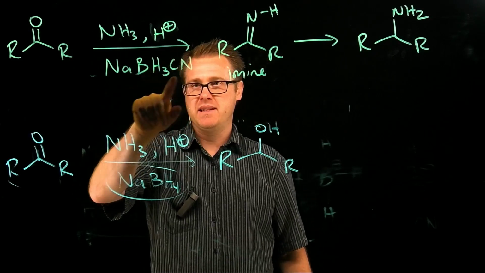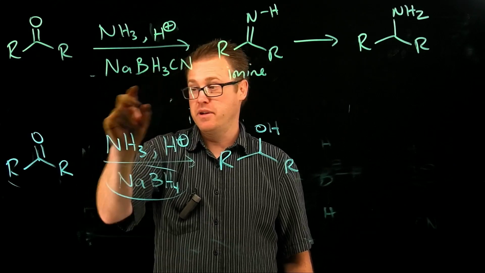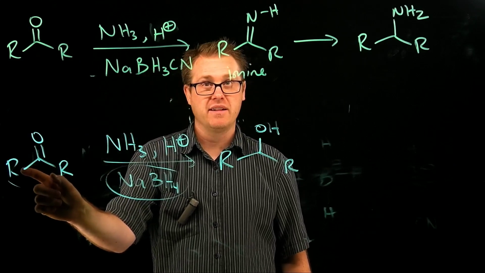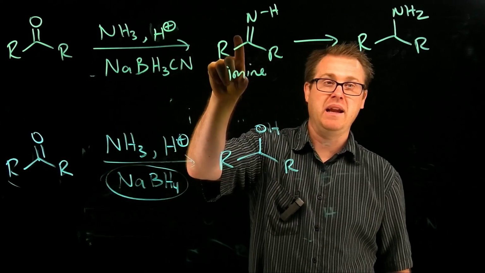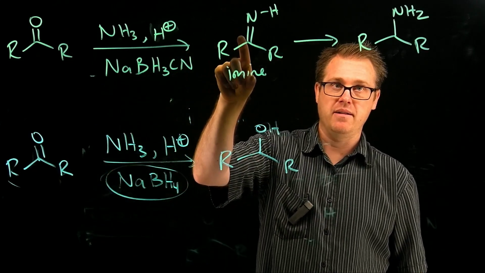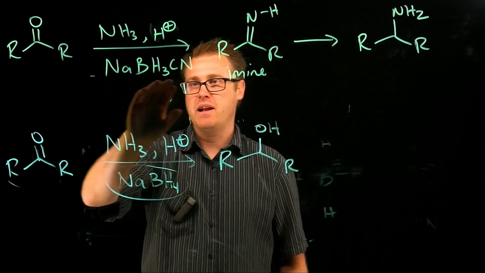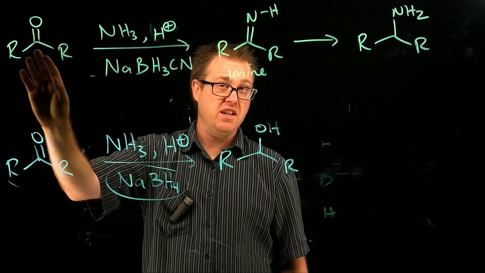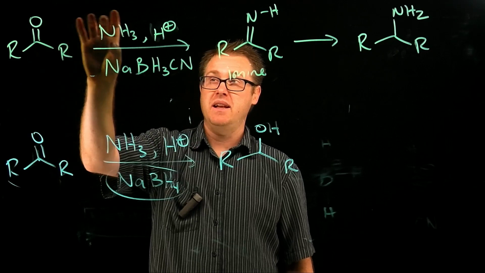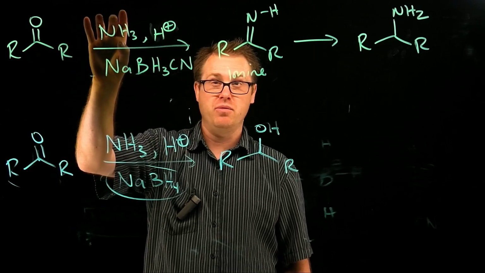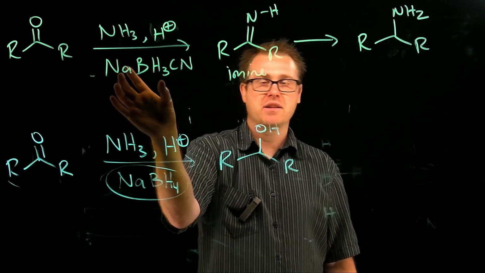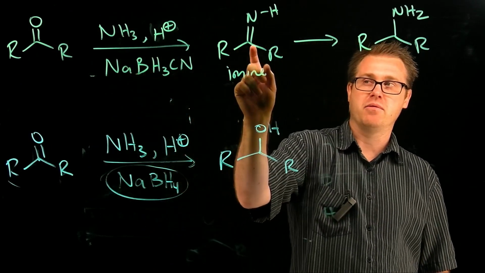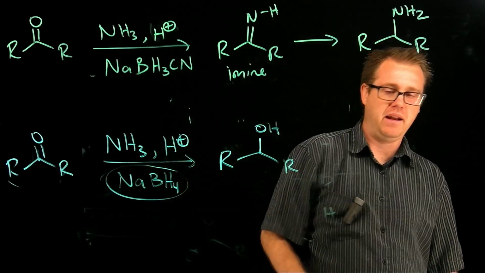And so this species right here does not reduce ketones or aldehydes very well, but it does reduce amines very, very well. And so this right here is not going to touch the ketone, so that leaves these two reagents right here to do its magic, form the amine, and then the sodium cyanoborohydride reacts with this to give us our amine.